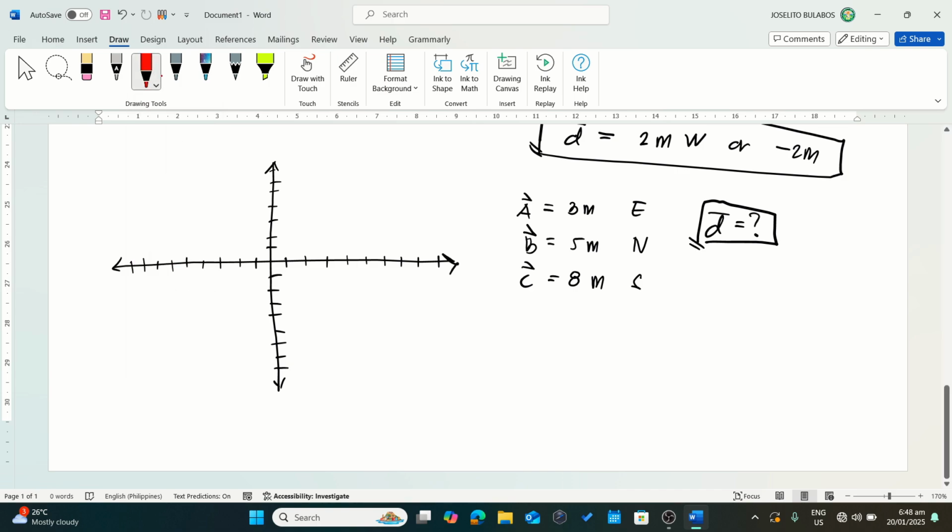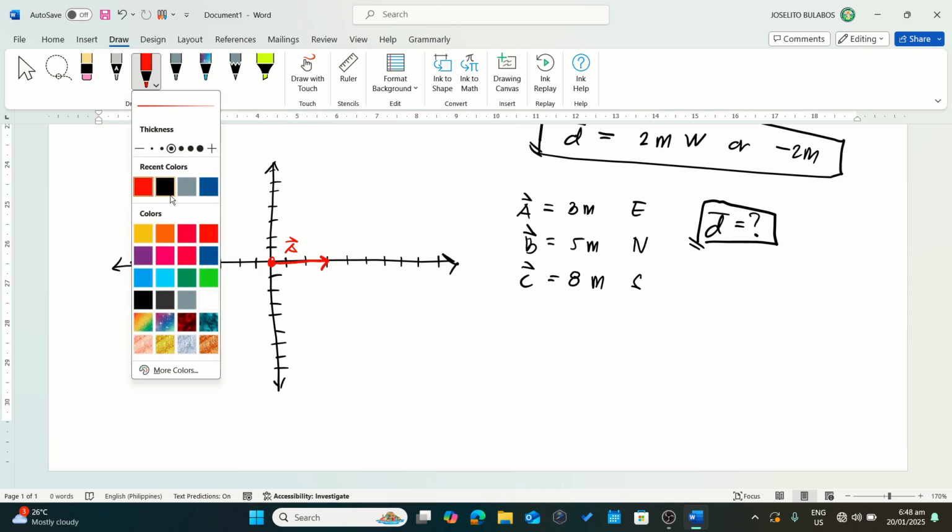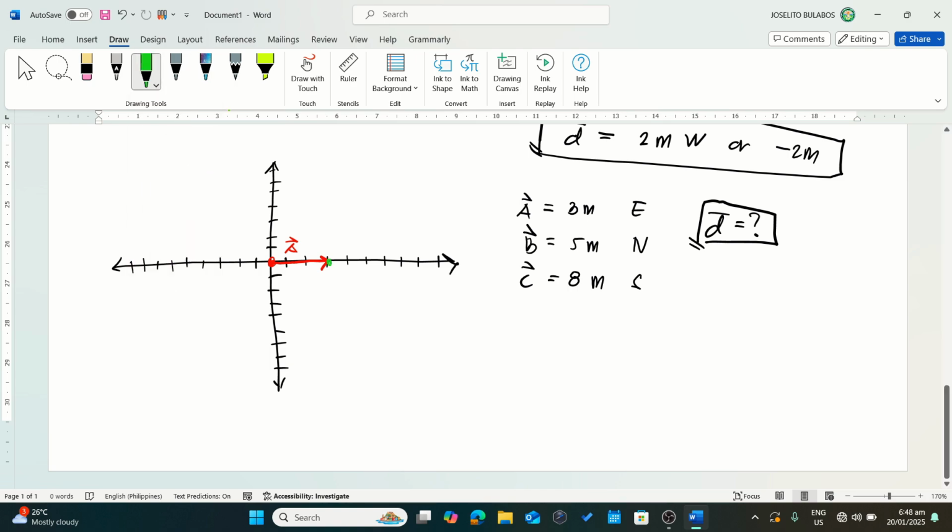Say vector A is moving due east with a value of 3. So 1, 2, 3. This is our vector A. Next we have vector B moving due north with 5 meters. So this is our B, 1, 2, 3, 4, and 5. So this is our vector B.